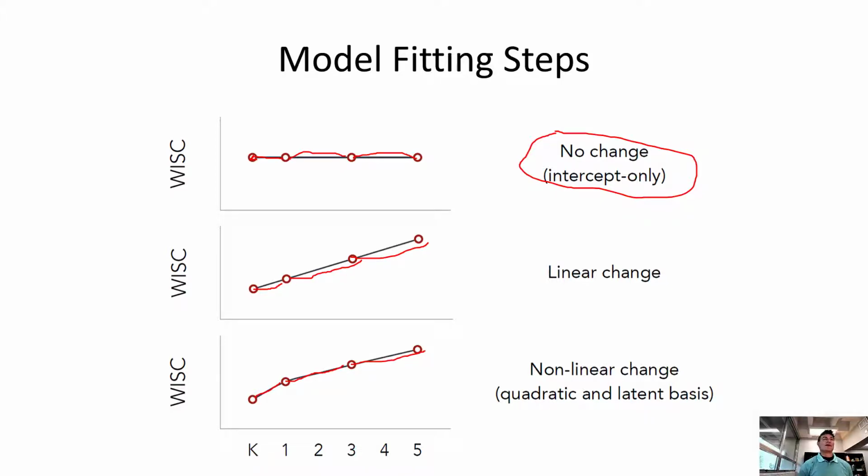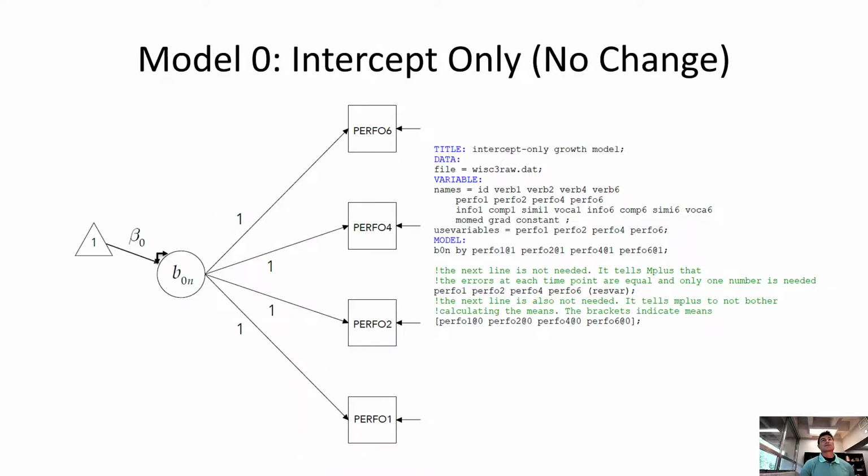So we can have nonlinear patterns, and we're going to see if that fits better than the linear pattern. So we'll build up these models to figure out which fits the data the best, how we can best predict everybody's trajectory. So the first model we're going to set up is an intercept-only model, or no change.